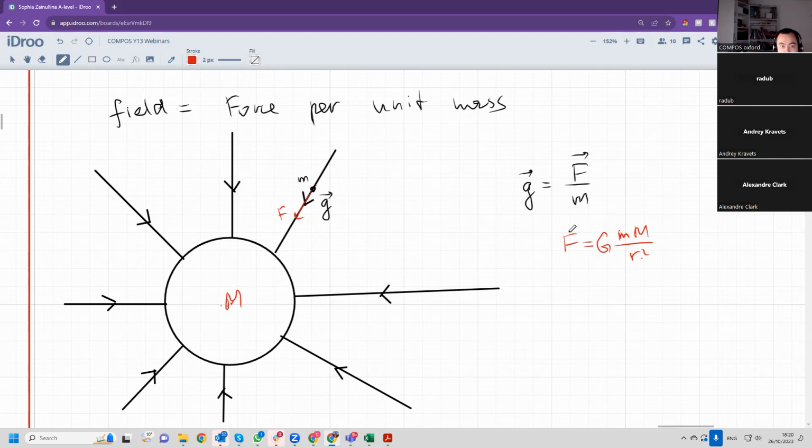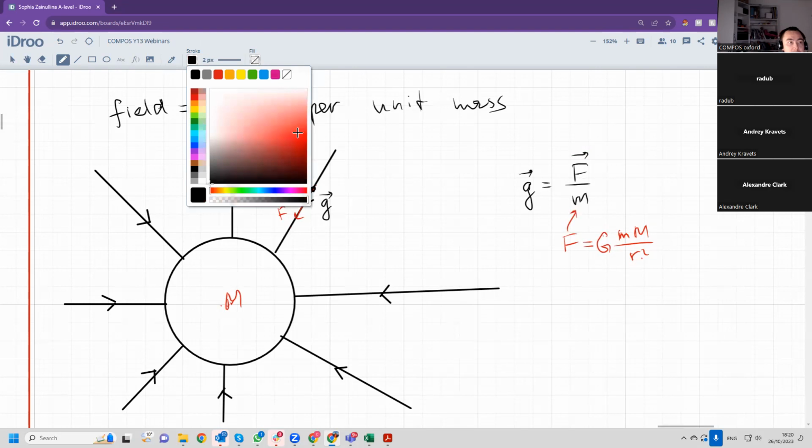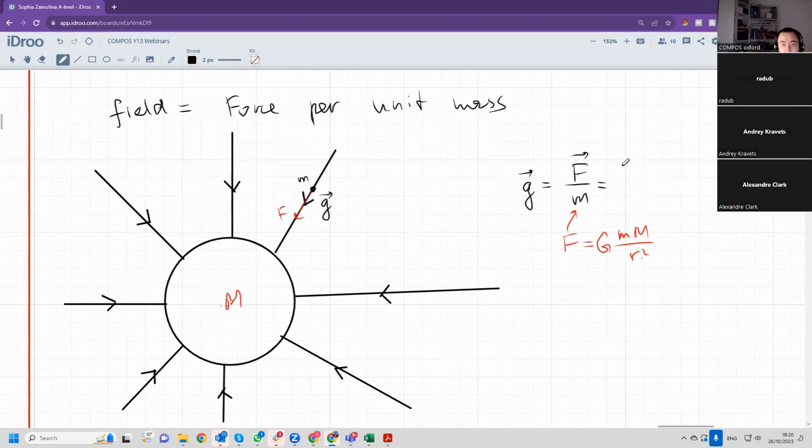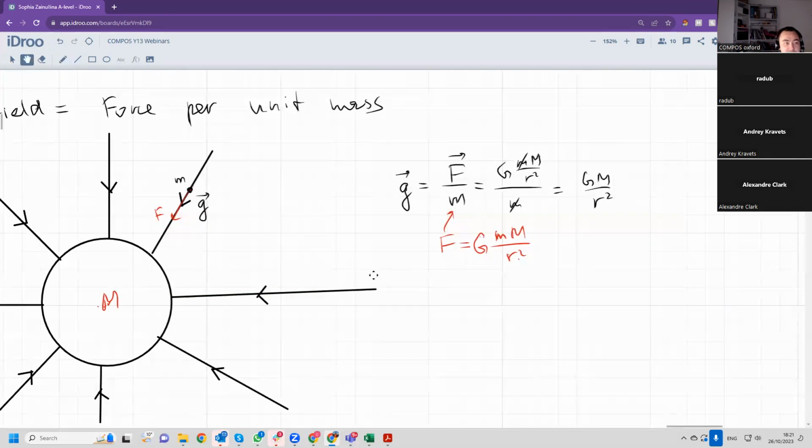If you substitute that in, the mass of the object cancels, and you are left with g equal to GM over r squared.